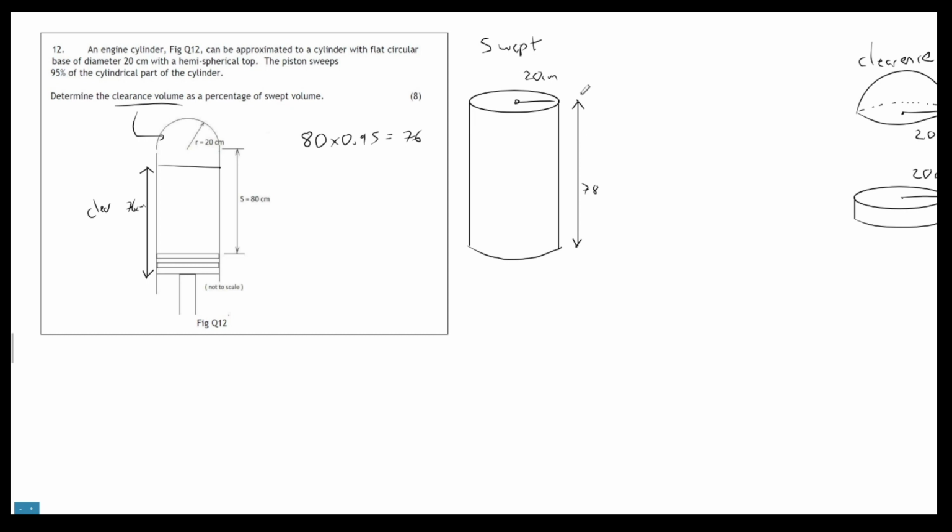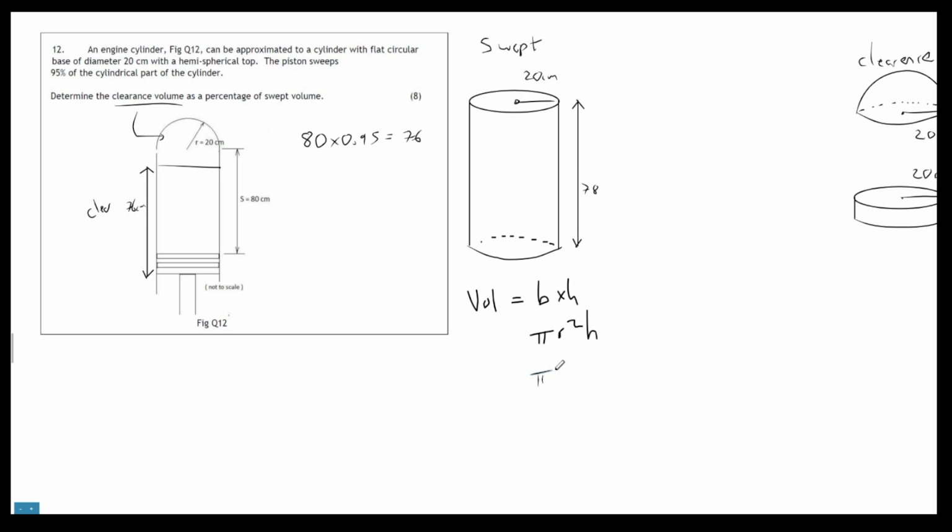So the swept volume, that is just a cylinder. That's pretty easy. Volume of a cylinder or any kind of prism is base times height. The base is a circle, so I can just put in the circle equation, pi r squared times height. I know radius is 20. I know height is 78.